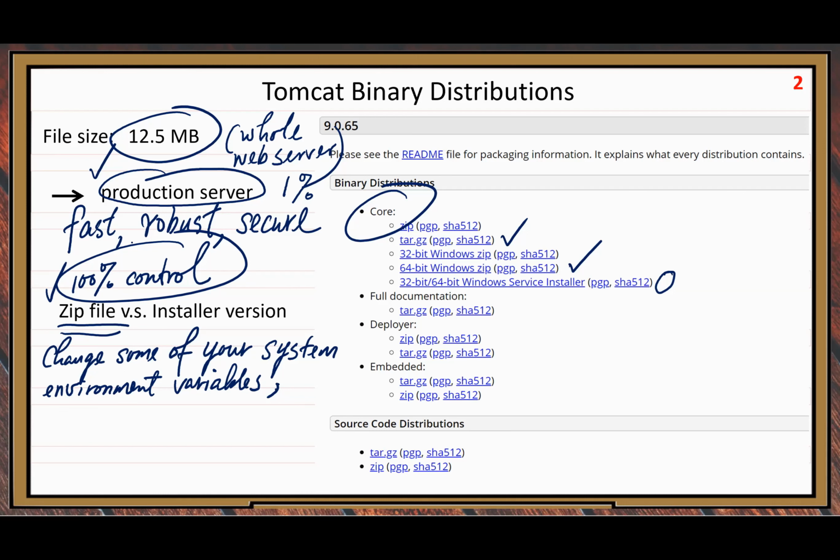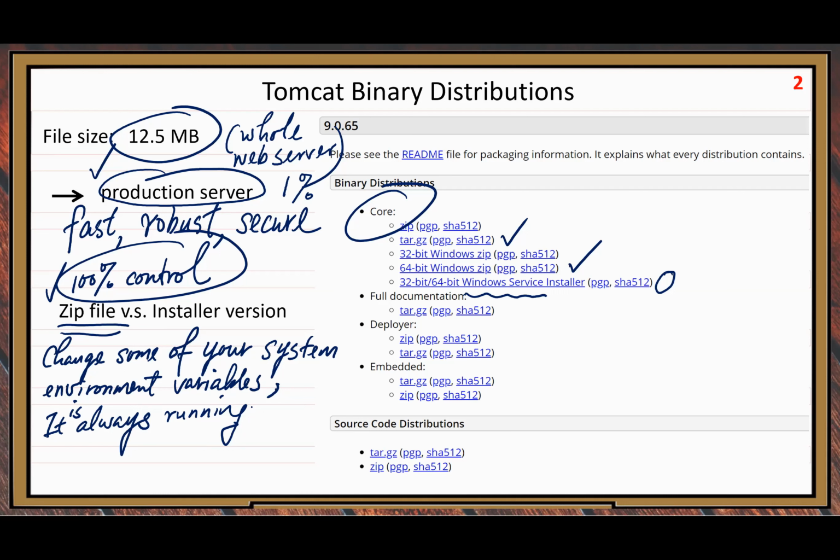Another important difference regarding this Windows service. When you install Tomcat as a Windows service, the consequence is it is always running. So it is ready to use, but most of the time we do not use Tomcat.